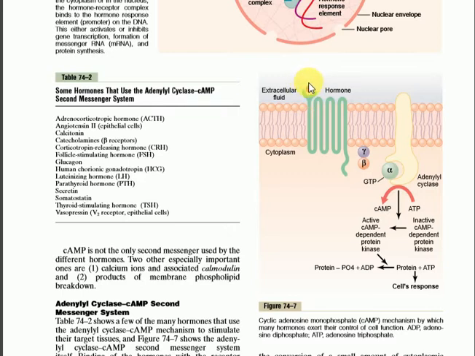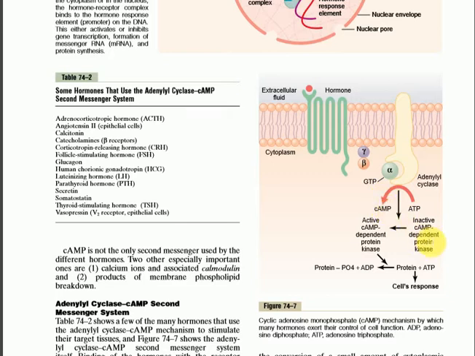When the hormone from the extracellular fluid gets attached with this receptor, there will be conformational changes. G protein gets attached with this receptor, and GDP is converted into GTP, and then the alpha subunit from the G protein gets attached with the enzyme known as adenylyl cyclase, and this enzyme is responsible for the breakdown of ATP into cyclic AMP.